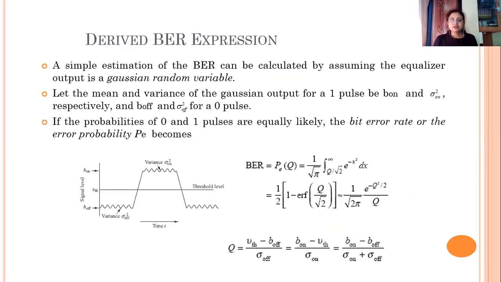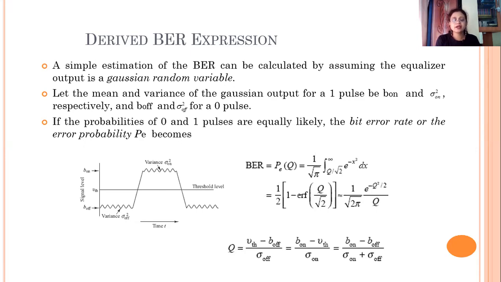So here further we will derive the expression for bit error rate. A simple estimation for bit error rate can be calculated by assuming an equalizer output which is a Gaussian distribution. So let the mean and variance of the Gaussian output for pulse 1 be μon and σ²on, and for bit 0 be μoff and σ²off.